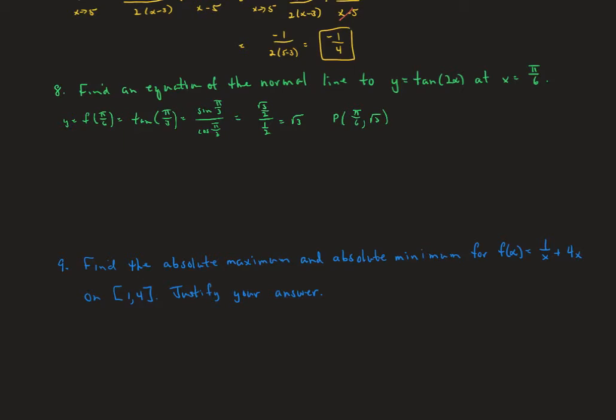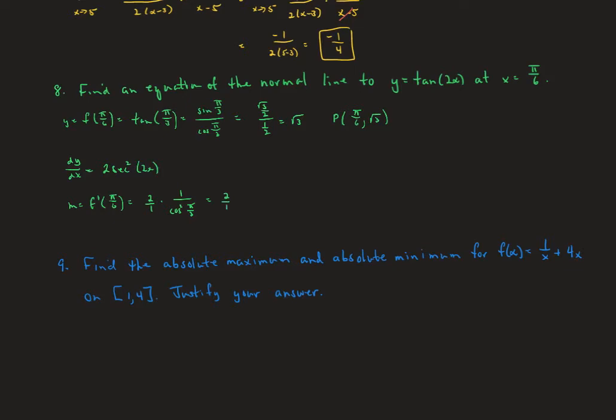So now we need the slope. Well, the slope is going to come from the derivative. This is a chain rule derivative, so we're going to get secant squared of 2x times the derivative of 2x. For our slope, we want the derivative evaluated at pi over 6. So that's 2 times secant squared, which is 1 over cosine squared of 2 times pi over 6, which is pi over 3.